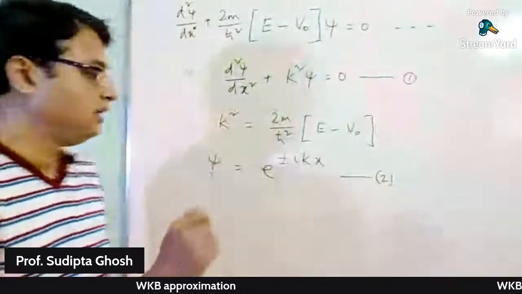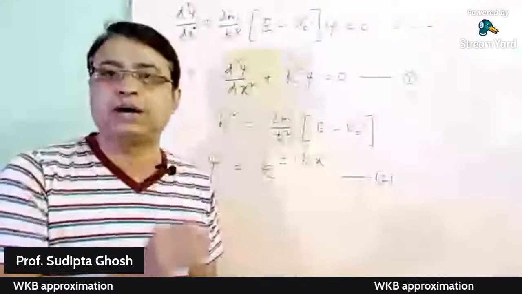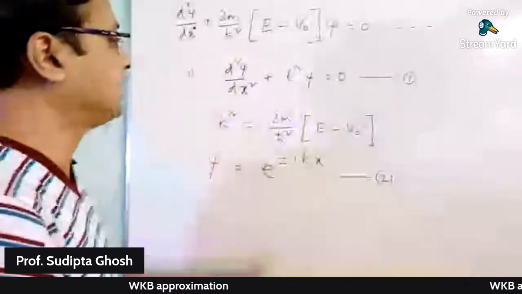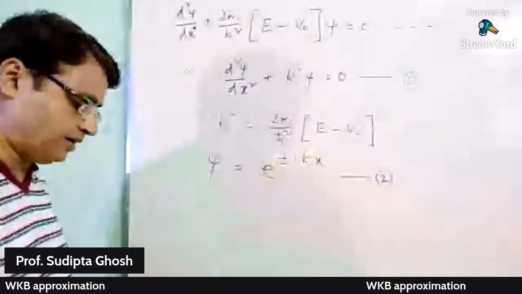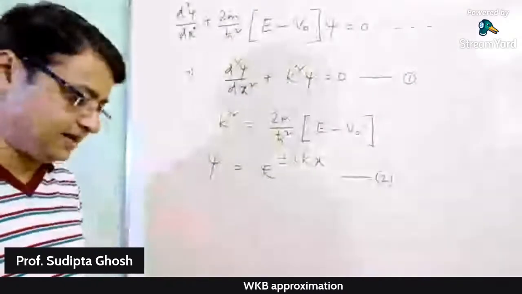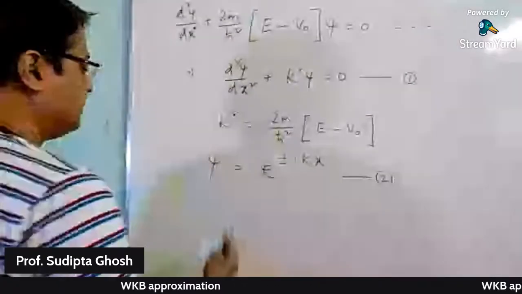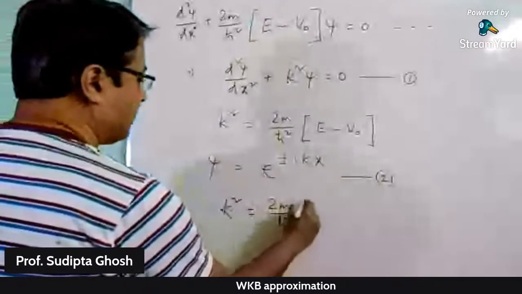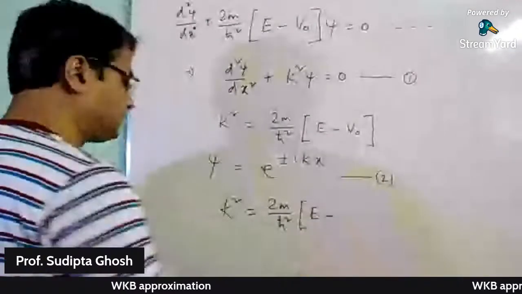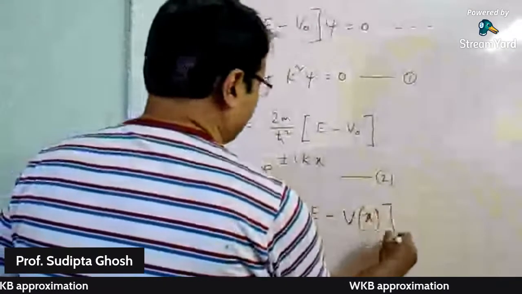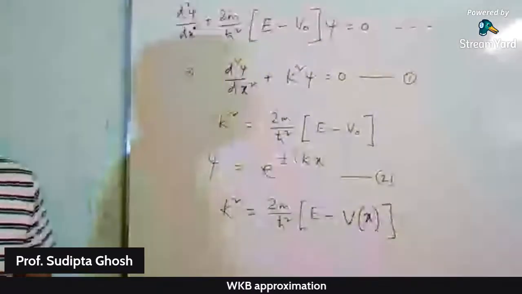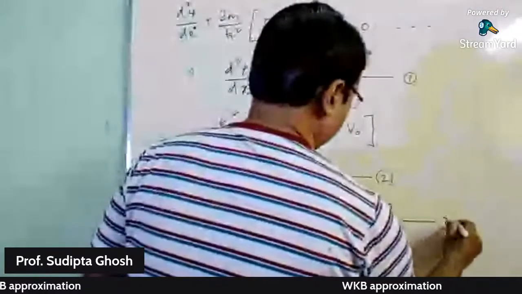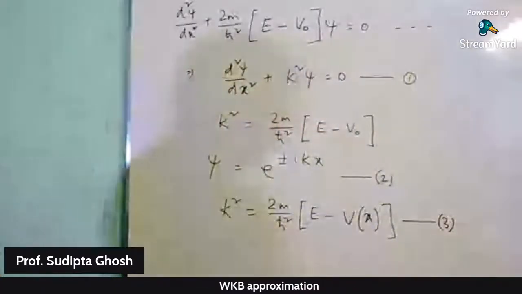So if the potential is not constant but varies slowly, then this k in equation 1 should be a function of x and is given by k square equals 2m by h cut square times E minus V of x. Here I am considering that the potential is slowly varying, and let it be equation 3.